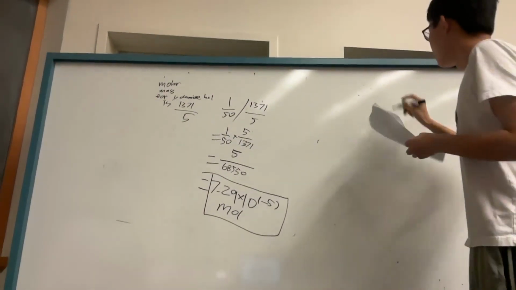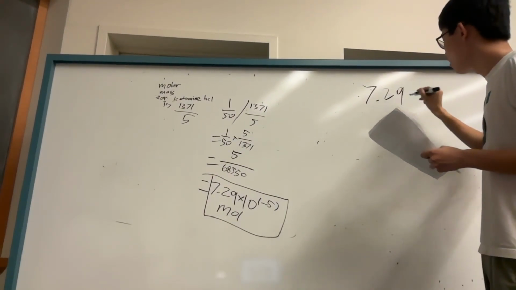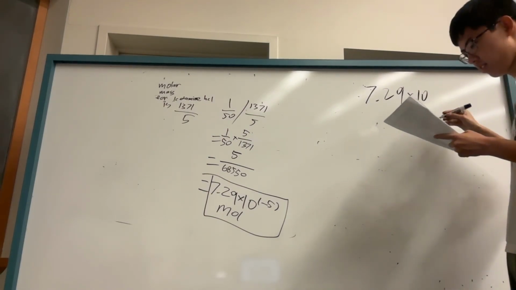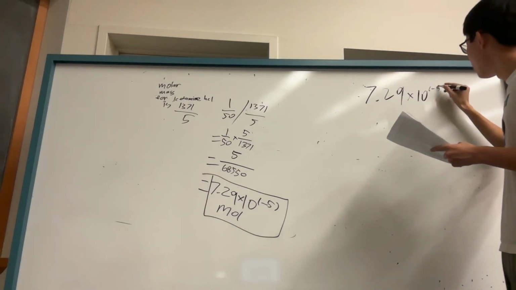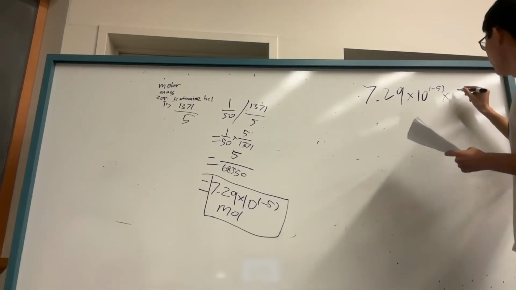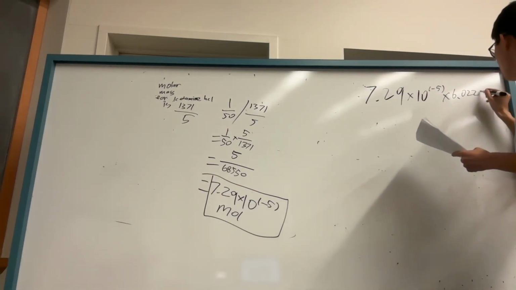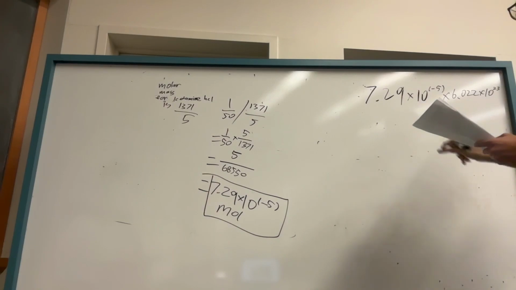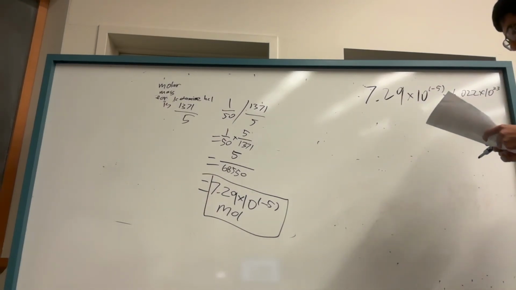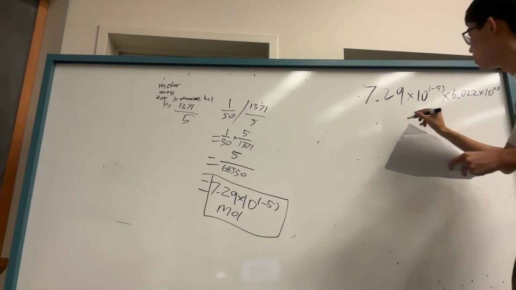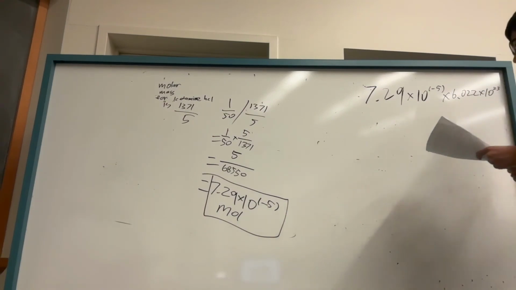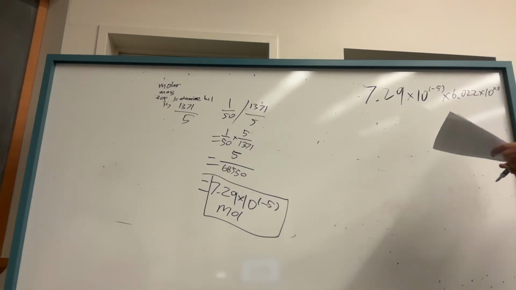Okay. 7.29 times 6.022 is equal to 43.9, and 10 to the negative fifth times 10 to the 23rd will be 10 to the 18th, because 23 minus 5 is 18.